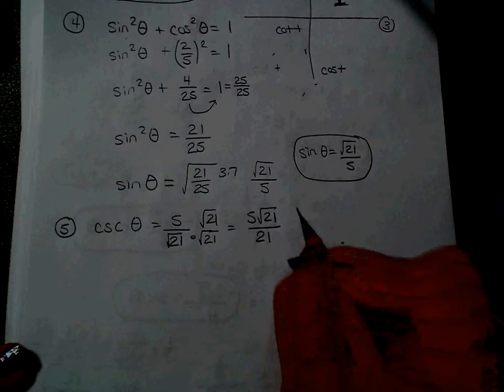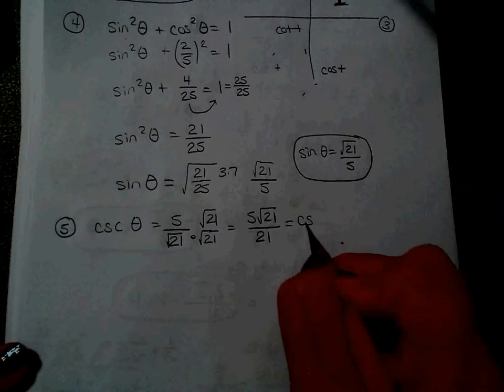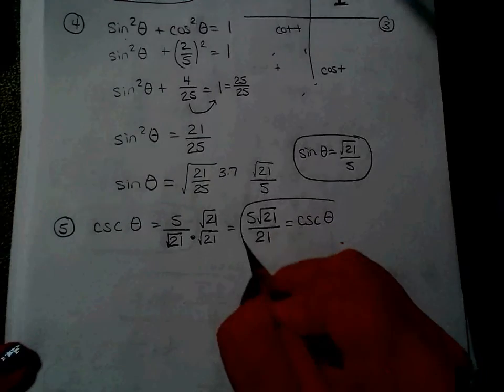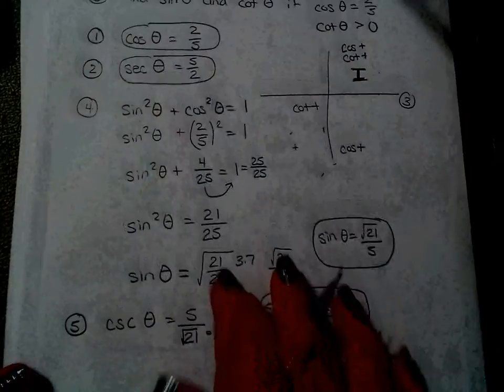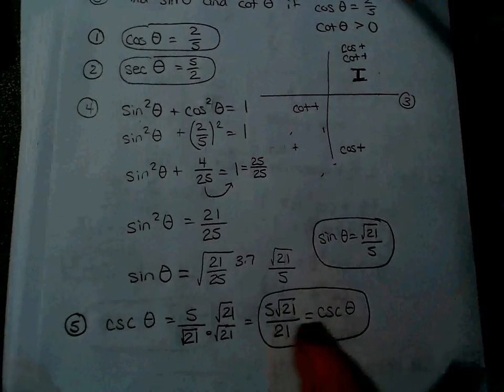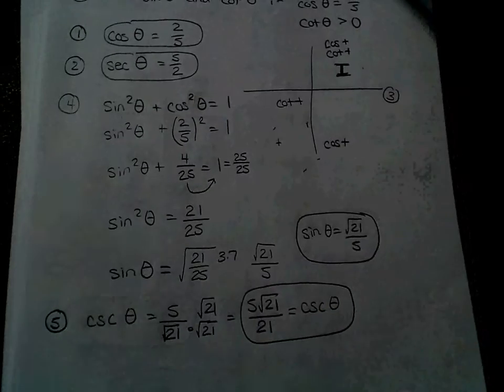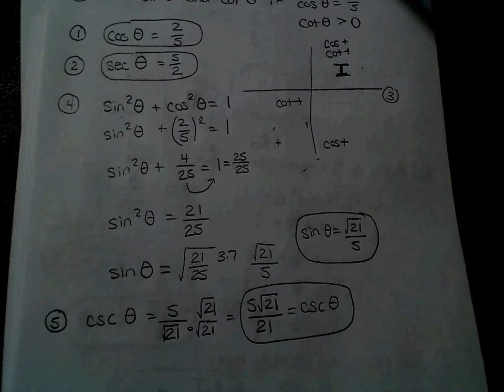And the cosecant is 5 on the square root of 21 over 21. So now I have found 4. 1, 2, 3, 4.